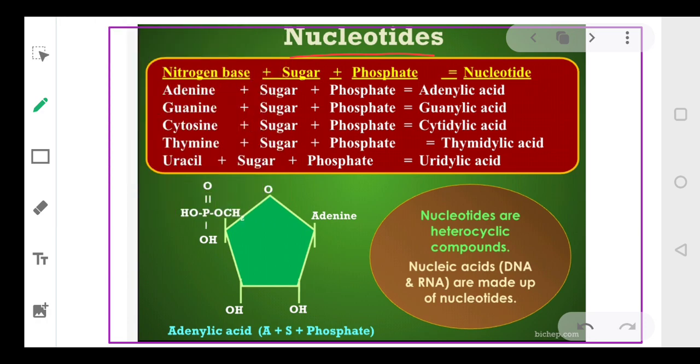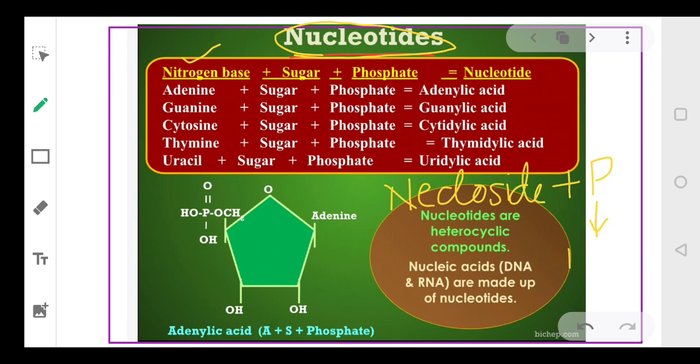A nucleotide has 3 components: nitrogen base, sugar and the phosphate group. So when 3 things are present, nitrogen base, sugar और phosphate, then we call it a nucleotide. देखिए मैं लिखती हूँ यहाँ पर, न्यूक्लियोसाइड में फॉस्फेट ग्रुप ऐड कर दें तो हमारा न्यूक्लियोटाइड बन जाएगा.